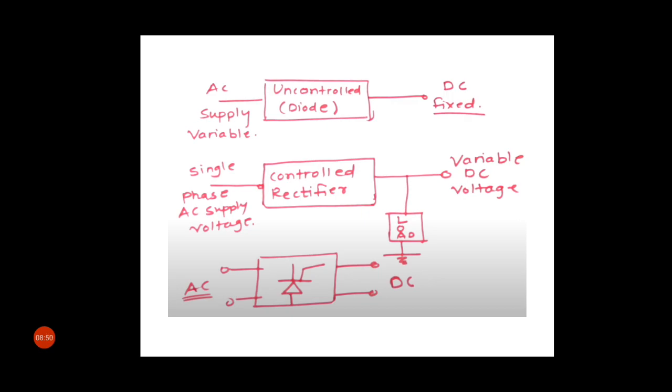So these are the advantages of SCR. Through gate current we can adjust the voltage what we want, so we can get the variable DC voltage from AC voltage. This is one advantage of control rectifier. Second advantage is this is a commutated device.